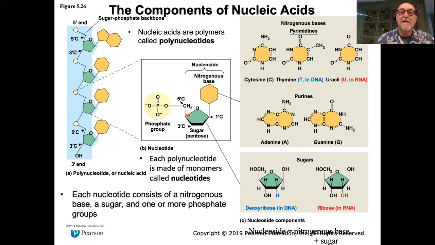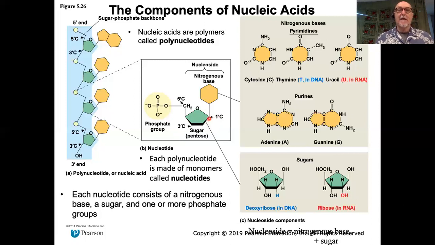This here is a 5-carbon sugar: 1, 2, 3, 4, 5. Four participate in this ring structure, and the fifth is branched off here in this group. It's really important that you understand how these are named. They are named by their position.